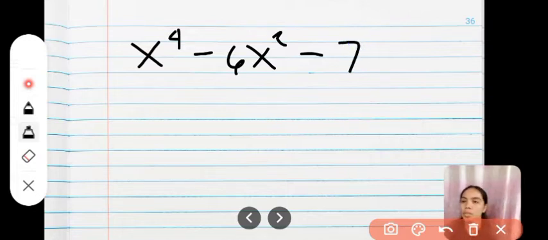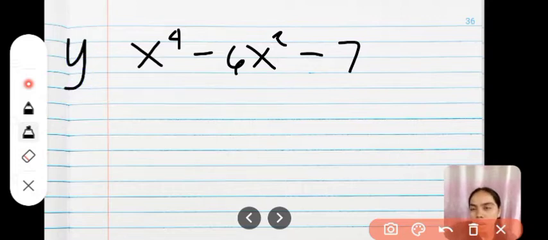So for that equation, we will equate to y, and it will become y is equals to x to the power of 4 minus 6x squared minus 7.